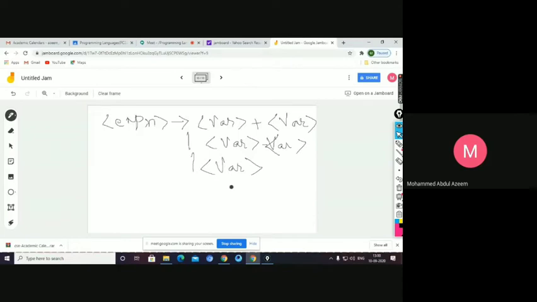So the expression here is defined with three definitions.